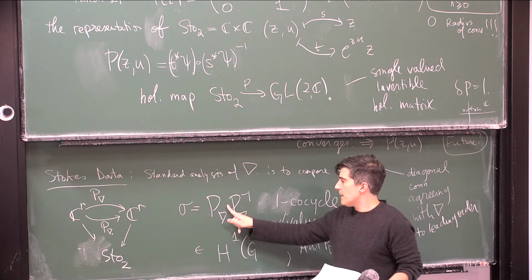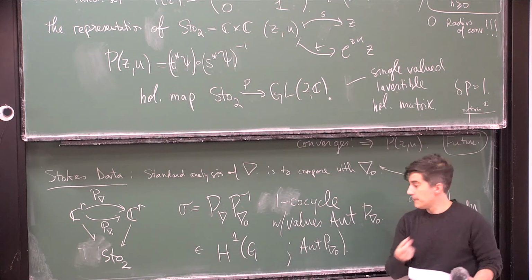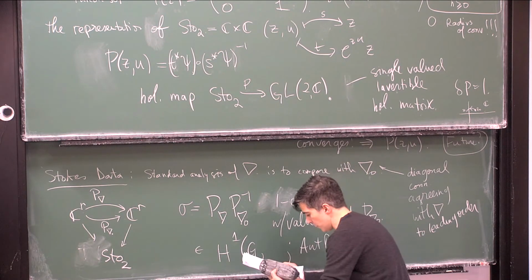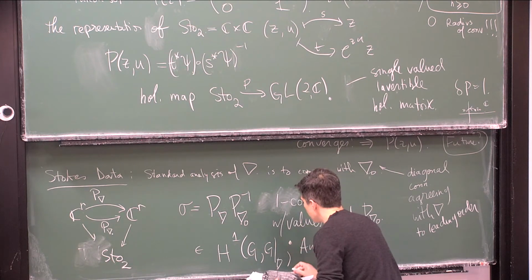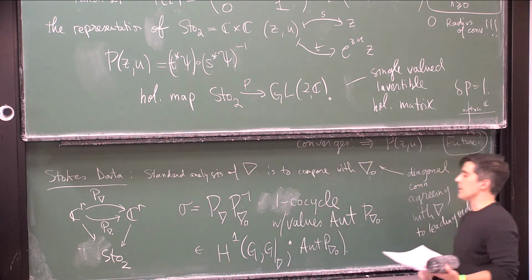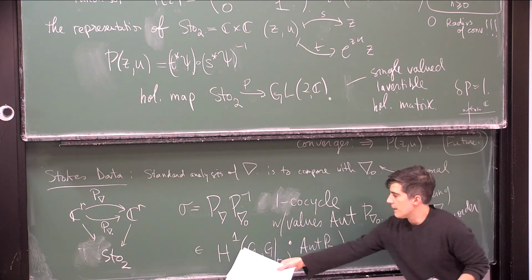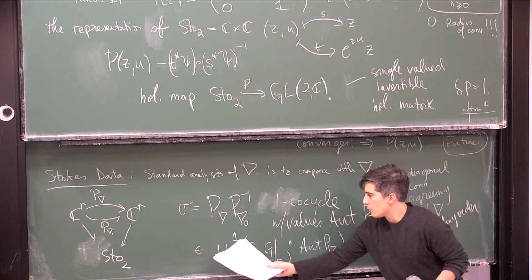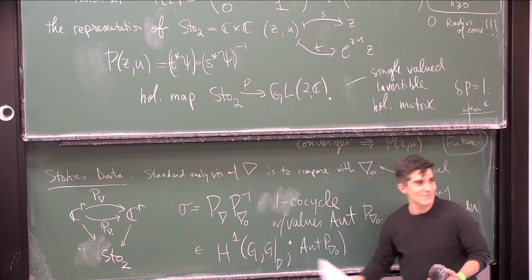And what that means is that this 1 cocycle is trivial at the pole. So it's actually a relative groupoid 1 cocycle. So this is saying that this groupoid cocycle is a relative non-abelian groupoid 1 cocycle.